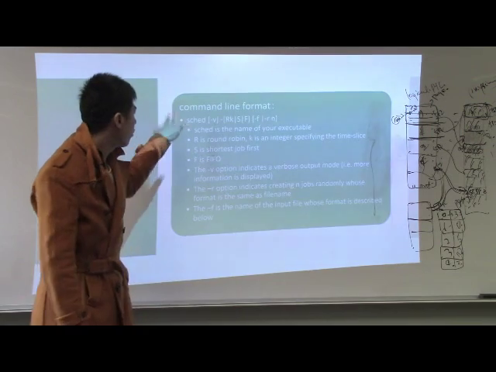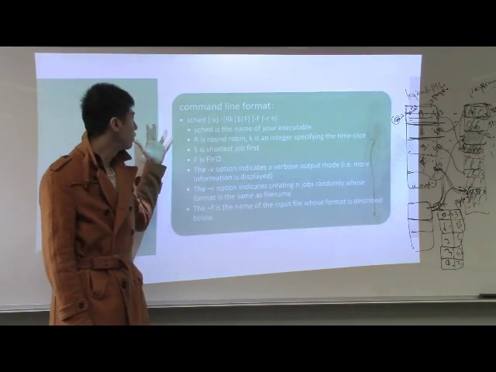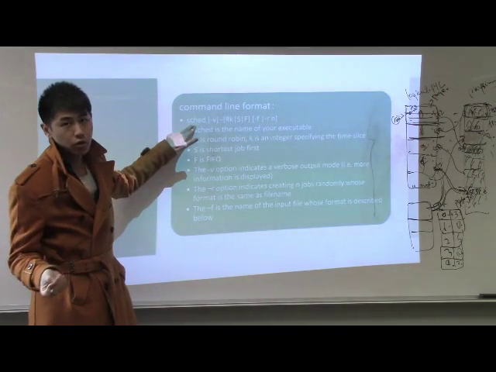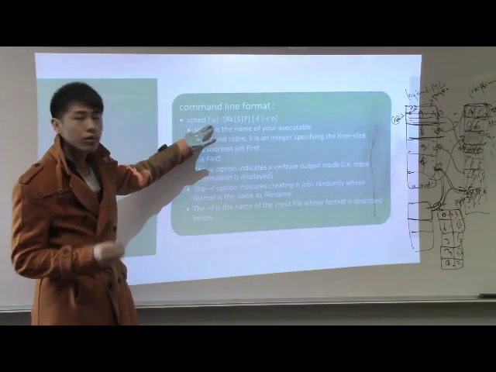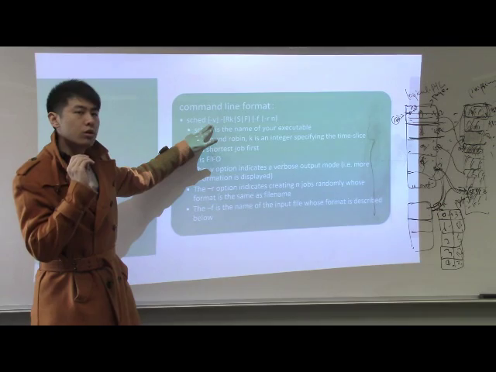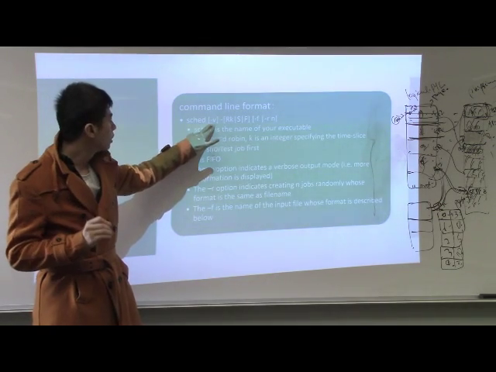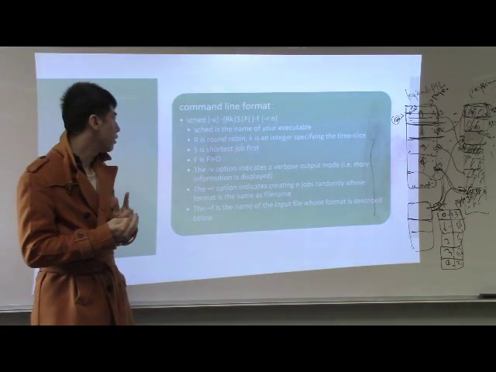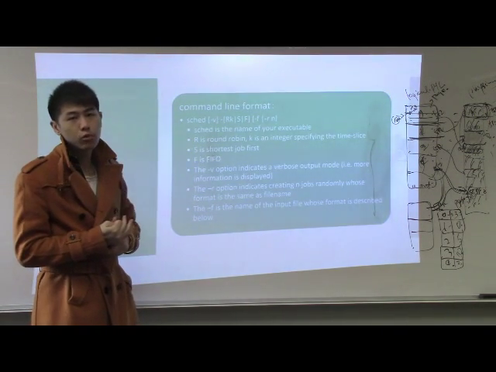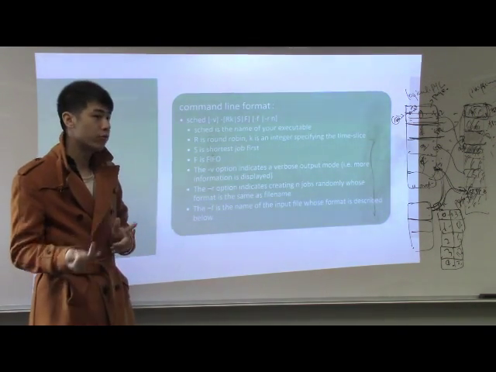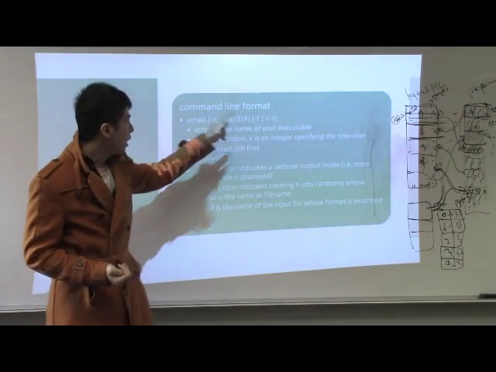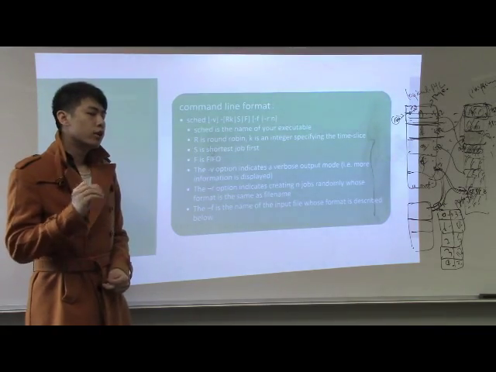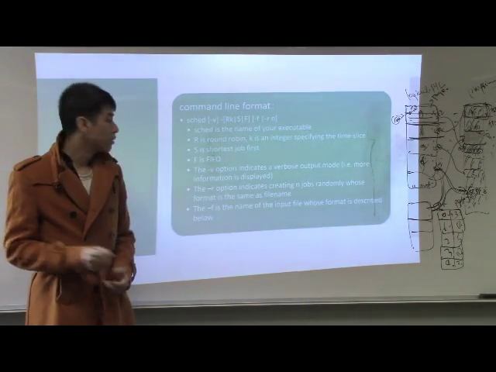And here is the format of the command line. That is the name of your function. -B means show the details. And RSF is round robin, shortest remaining job first, and first in, first out. And -F means read input file.